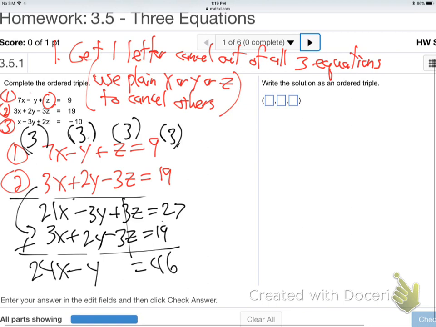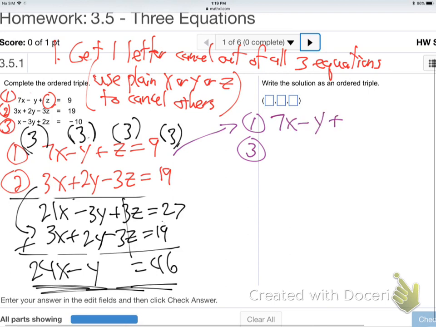We good? No more z. Isn't that nice? Bye-bye z. So I took equation 1 and equation 2 and hammered out the z. Now let's do a restart. Use equation 1 and equation 3. I'm going to use equation 1 back the way it was at first.